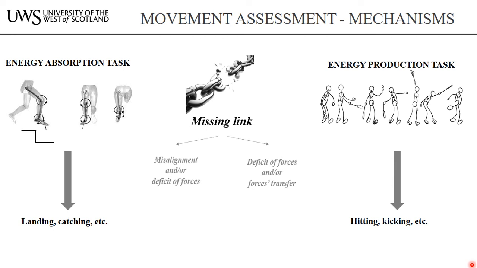From the energy absorption perspective, the problem could be a malalignment, and then forces acting on specific structures, units, and soft tissues, which in the long term, when these repetitive forces are continuously acting, can create morphological changes and can eventually lead to injuries.